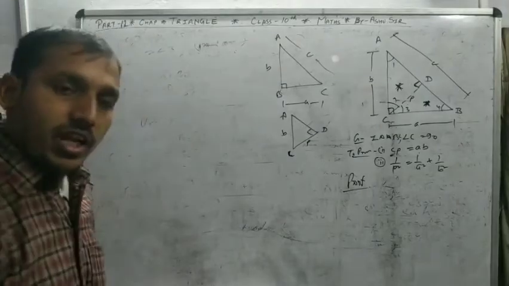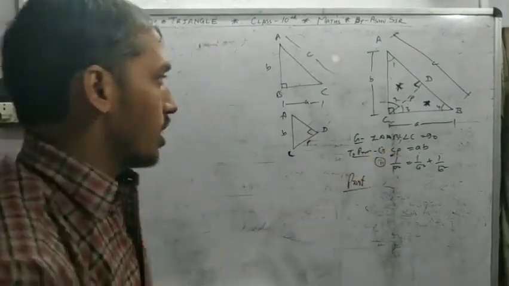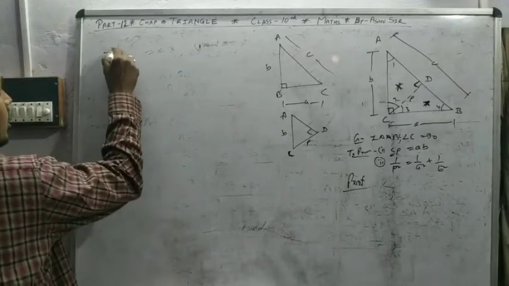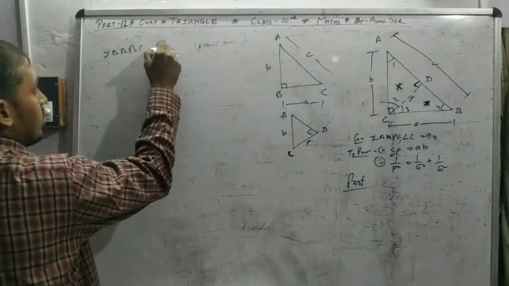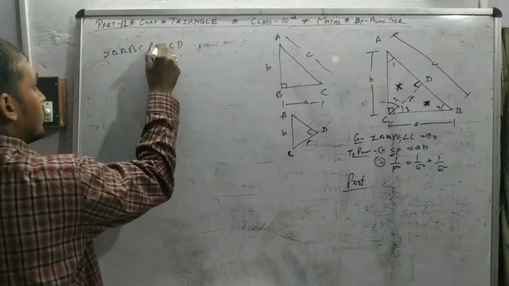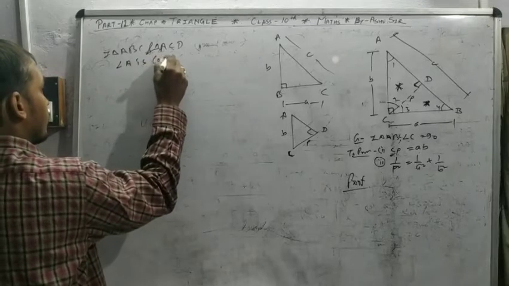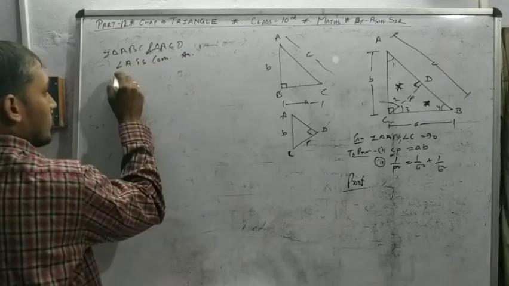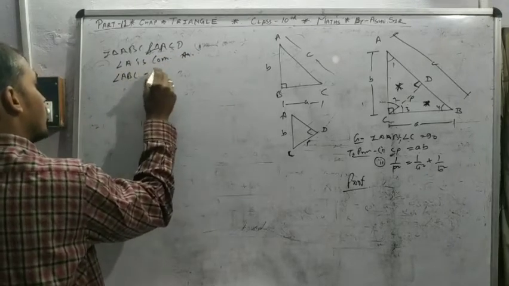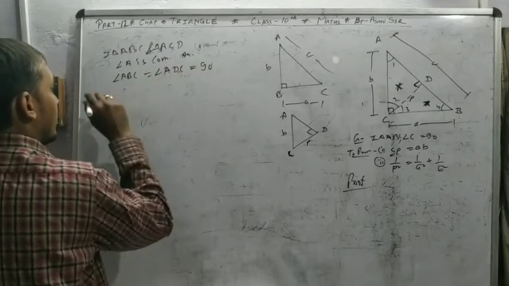Then we prove that the triangles are similar, because without proving similarity we can't use the corresponding sides. So in triangle ABC and triangle ACD, angle A is the common angle, and angle ABC is equal to angle ADC, each 90.